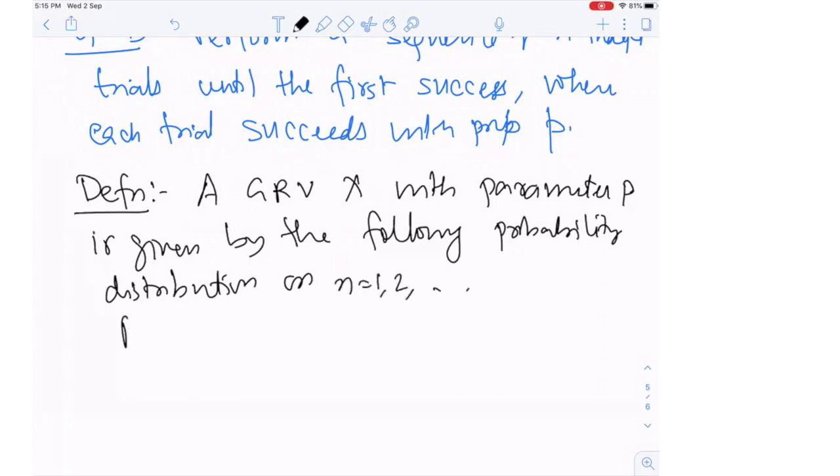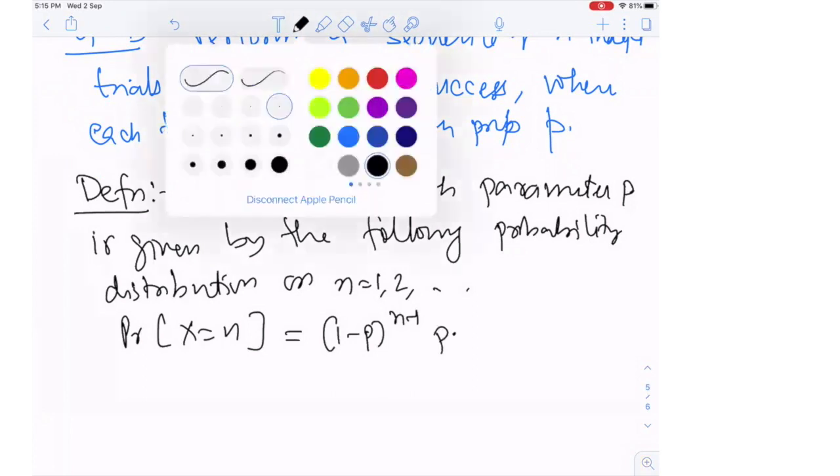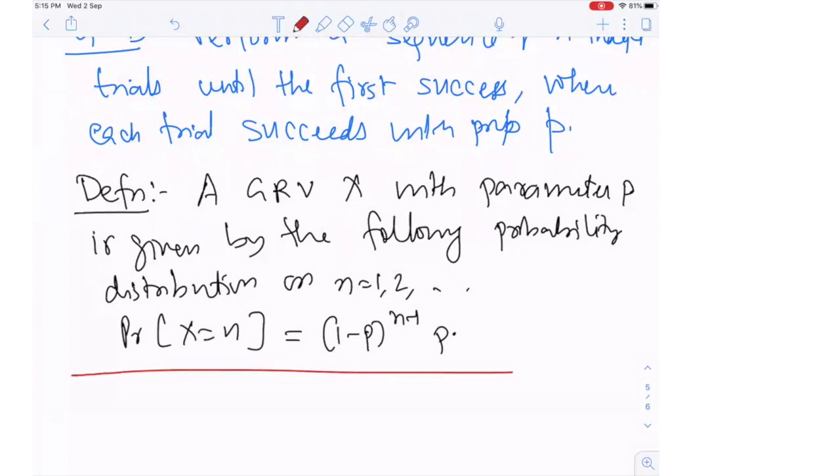Probability that X equals n is (1 minus p) to the power n minus 1, times p. So what is X equal to n? I failed n minus 1 times, and they are independent. So 1 minus p times 1 minus p times 1 minus p, but I succeeded in the nth time, so probability p.